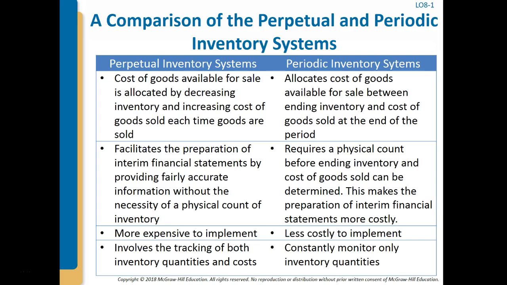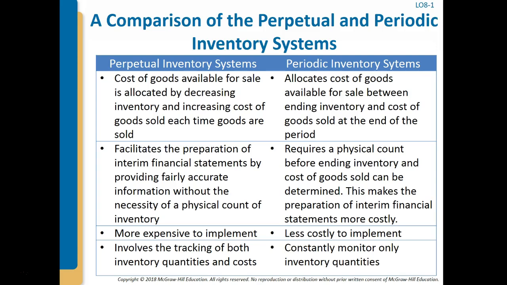So the periodic system is less costly to implement during the period but requires a physical count before ending inventory and cost of goods sold can be determined. This makes the preparation of interim financial statements more costly unless an inventory estimation technique is used. And perhaps most importantly, the inventory monitoring features provided by a perpetual system aren't readily available.